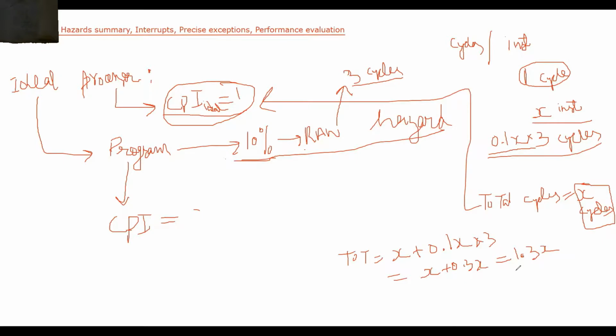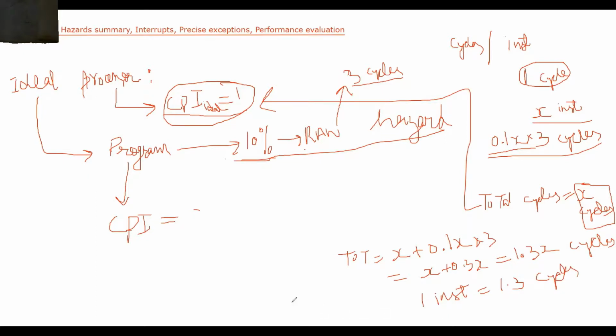So 1.3X cycles are required to complete X instructions. Then for one instruction, we will require 1.3 cycles.